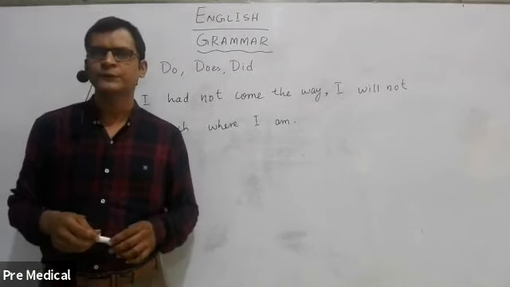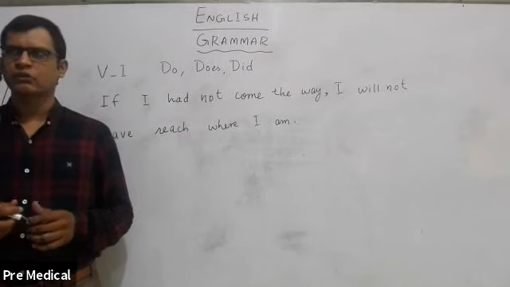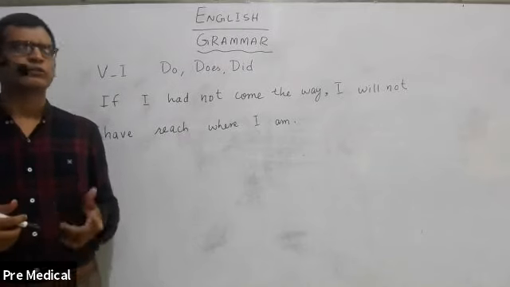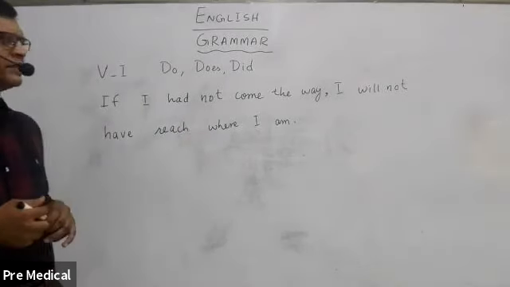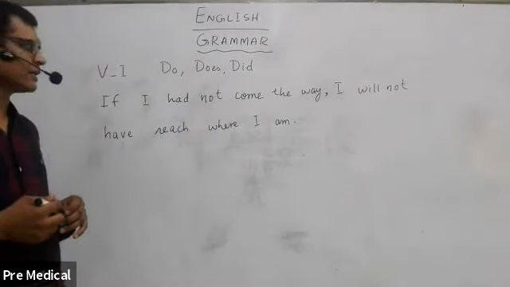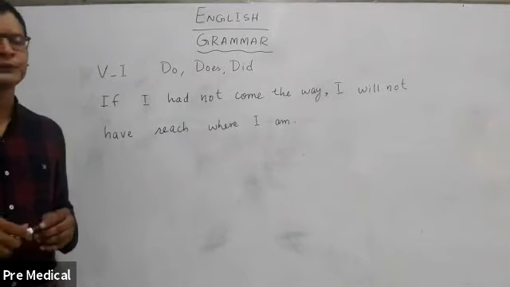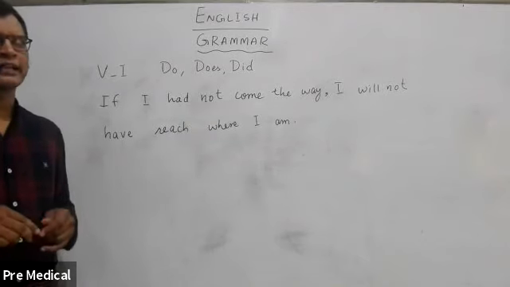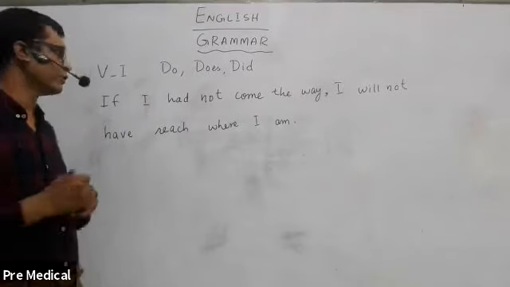How can we find out that a certain sentence is talking about present or past or future? For example, in this case, we can see that the sentence has certain verbs. So one of the ways to find out about a tense is to know which verb we are using.